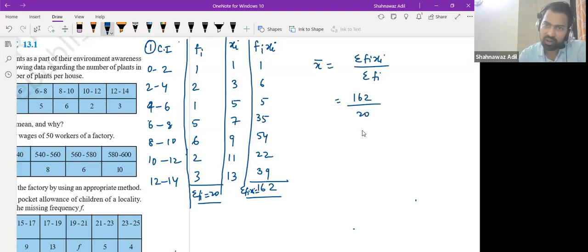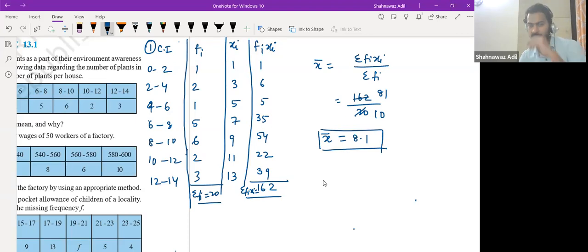This is how much? This is 8, right? And point. Should we cancel it or should we divide it? Okay, so let us divide. So this is 10 and this is 81. So this would be 8.1, right? So this is the mean. So the mean will lie in this range. Any doubt in this question?